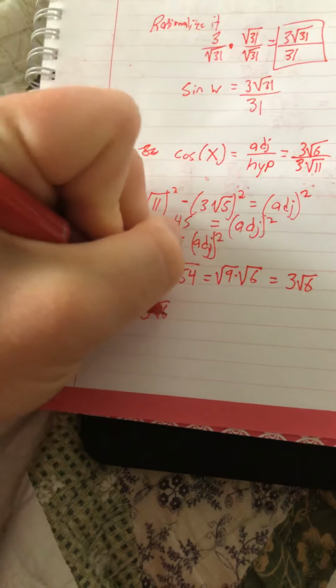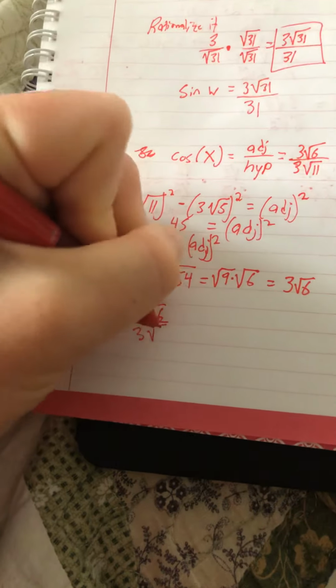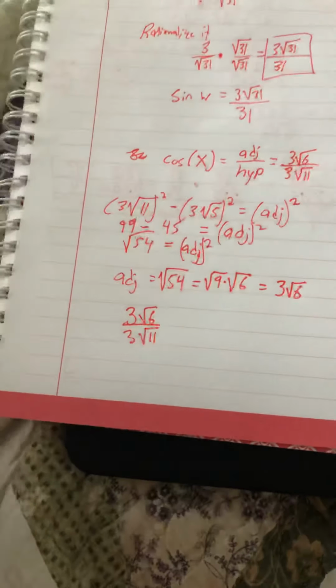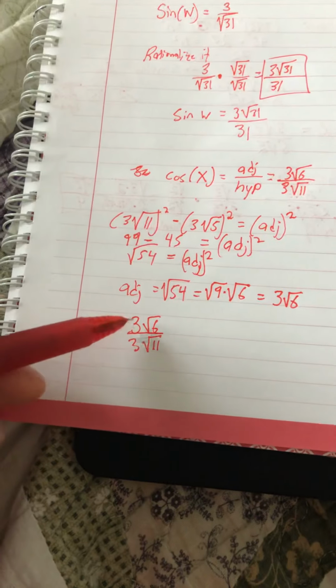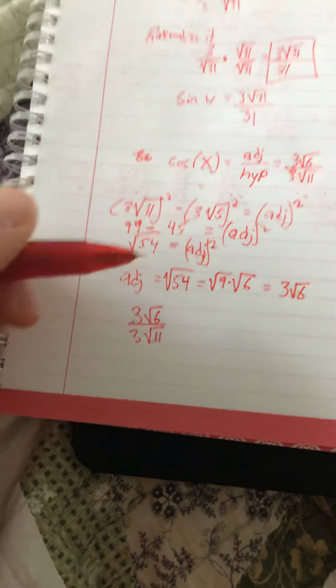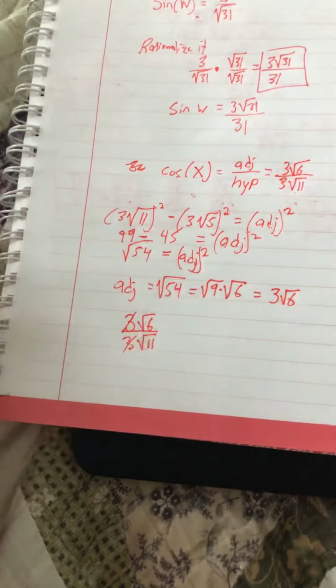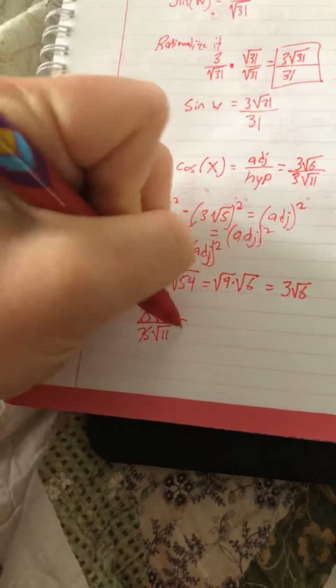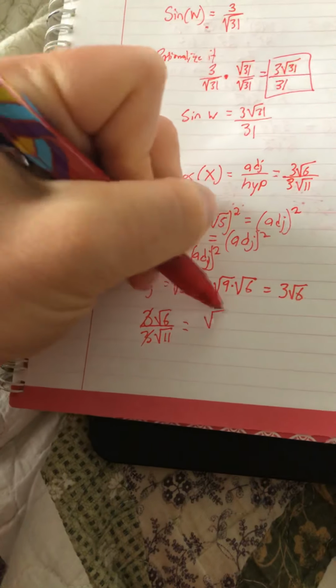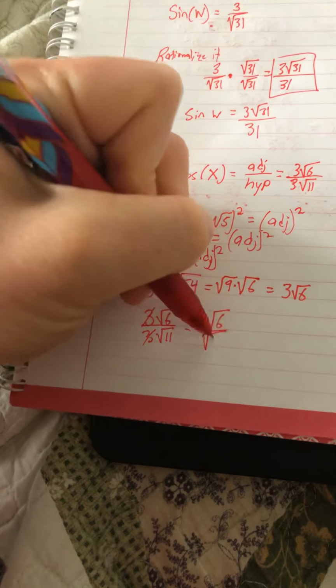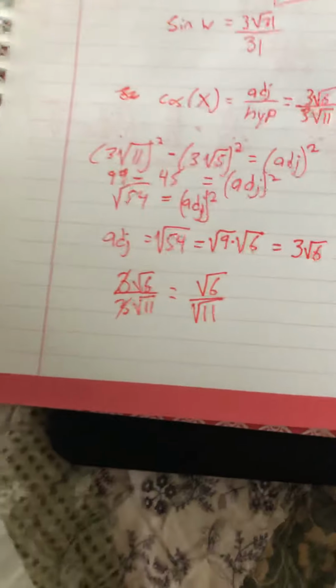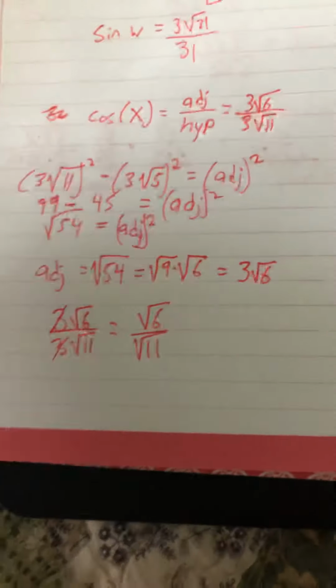So let's go ahead and simplify this right here. 3 root 6 over 3 root 11. So before we do anything else, because there are coefficients, we're going to see if they can simplify. And we can, because 3 over 3 would just cancel out. So we're left with the square root of 6 over the square root of 11. And we want to rationalize that denominator.